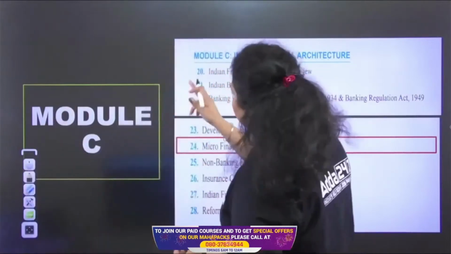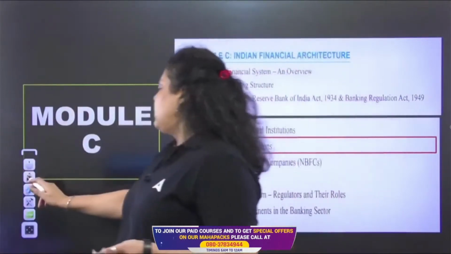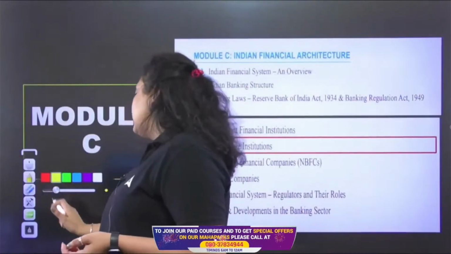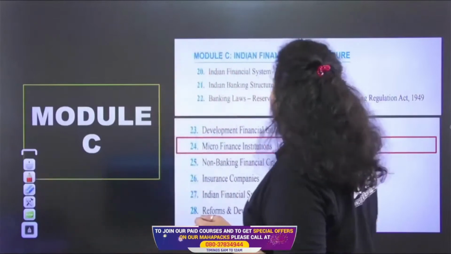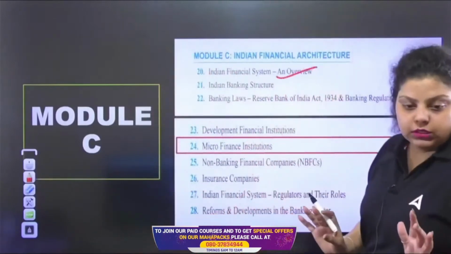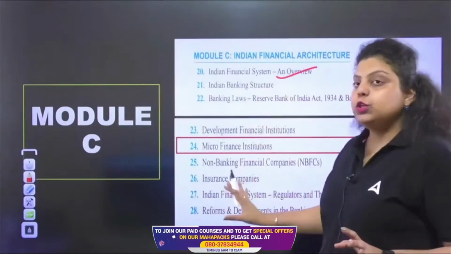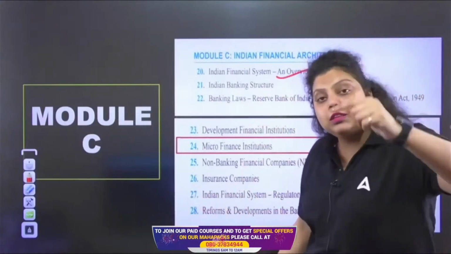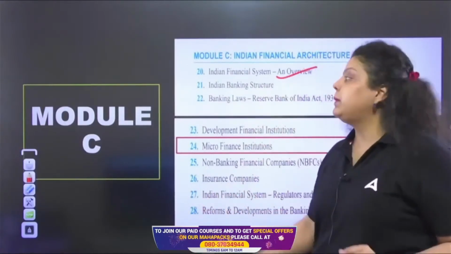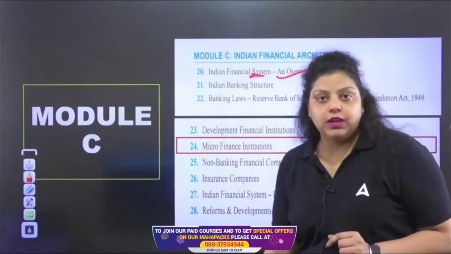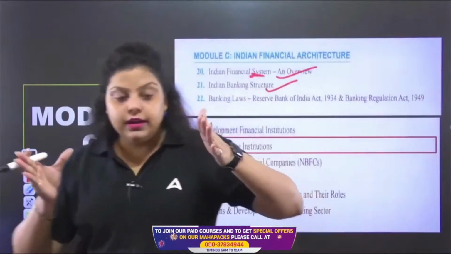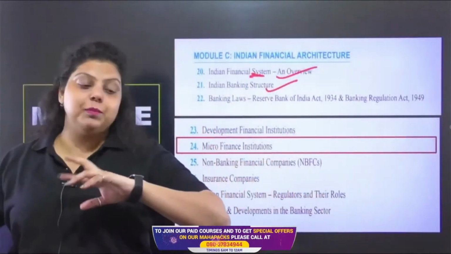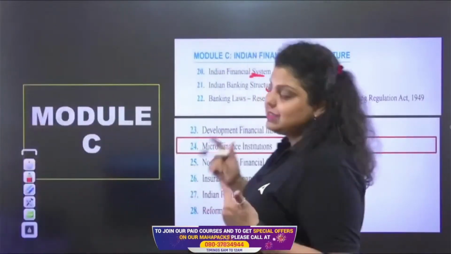If you see module C, it talks about the Indian financial architecture. First, we understood what the financial system actually is. All the remaining units define the institutions, the mediators, which help the financial system to survive, like banks. Banks are mediators exchanging funds between persons who have surplus money and persons who have a deficit.